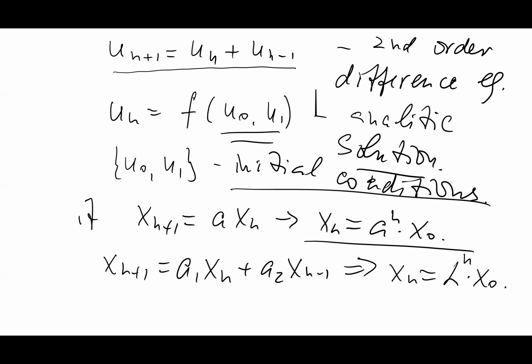And further on, we can say if x_0 equals 1, then x_n can be looked at as lambda to the power of n, for example.